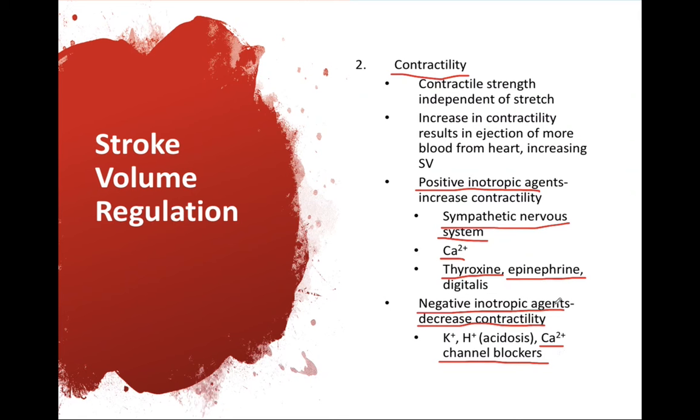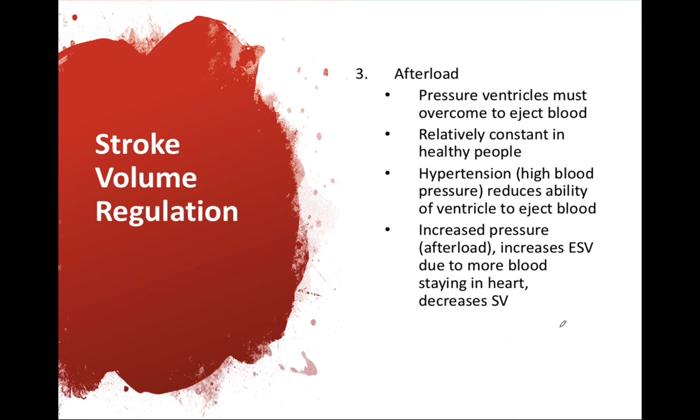So that will also decrease contractility of our cardiac muscle. The last major factor that will aid in the regulation of stroke volume is the afterload. The afterload can be defined as the pressure in the large vessels that the ventricles must overcome in order to eject blood into them.